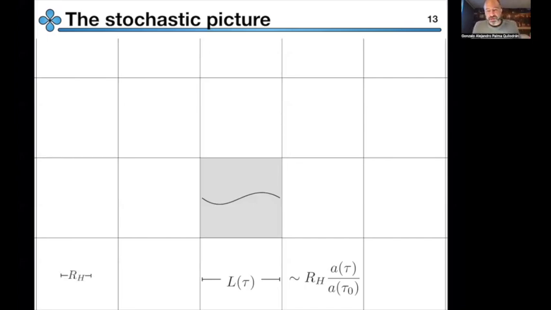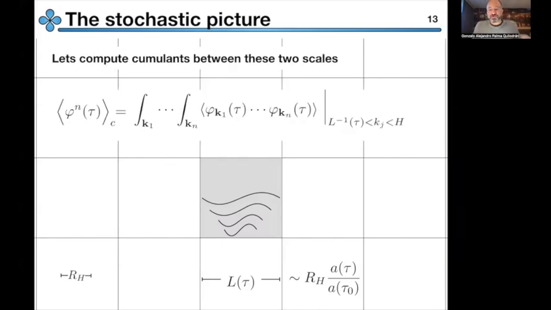Of course, the Hubble radius is just a constant, and it is still there. It's an important size of the system. And if we focus on only superhorizon modes, then we will have a collection of fluctuations with wavelengths ranging from the size of the Hubble radius up to the longest wavelength possible, which was the initial fluctuation. So what can we do now? We could, for example, compute cumulants, and cumulants will have information about the statistics of the system.